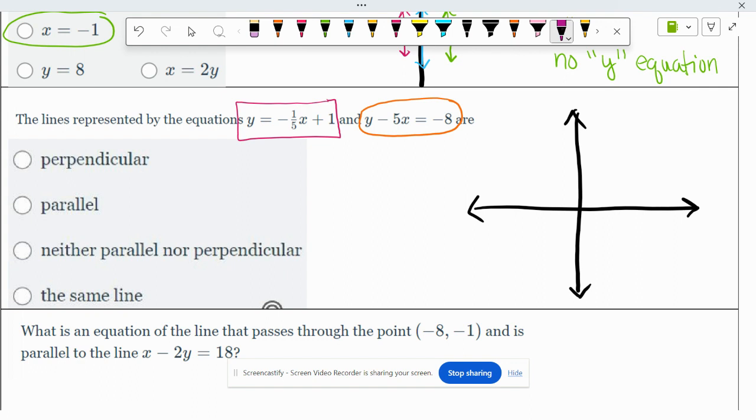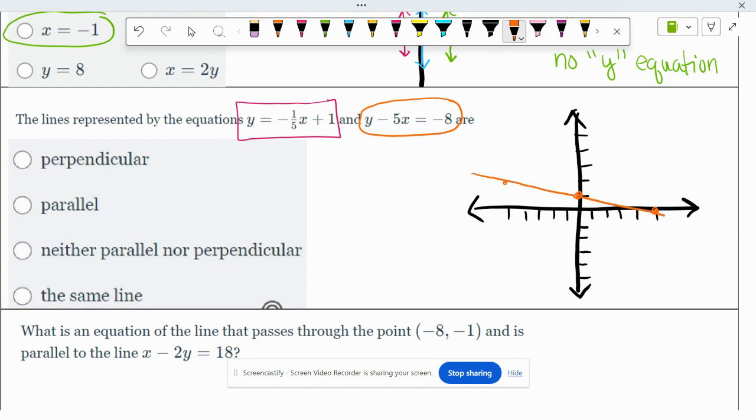So if I have the equation y equals -1/5 x plus 1, I begin at 1, and then I go down 1 and to the right 5. I could go up 1 and to the left 5.